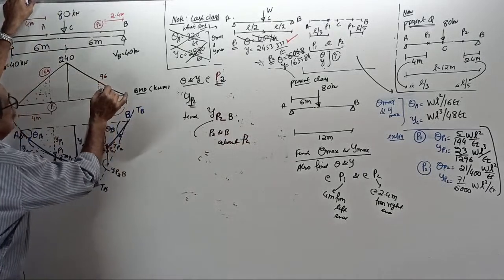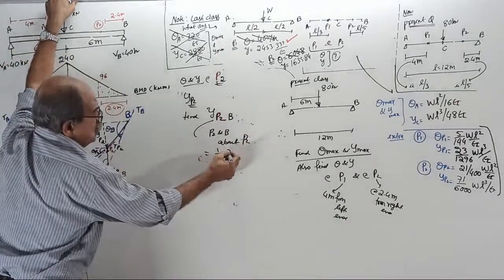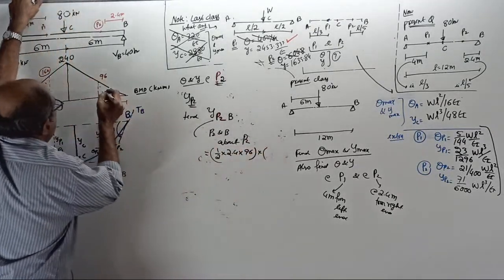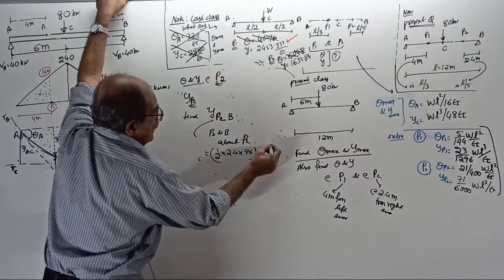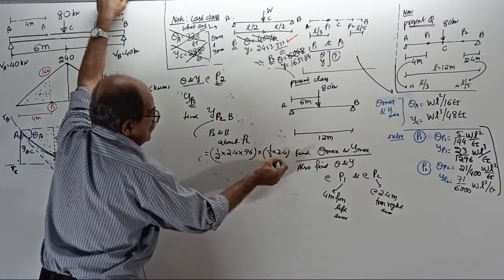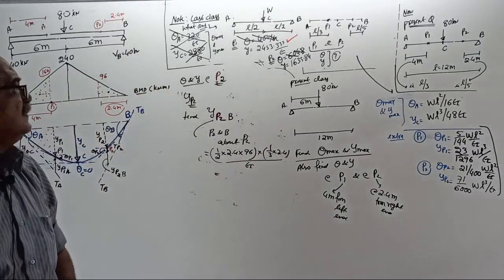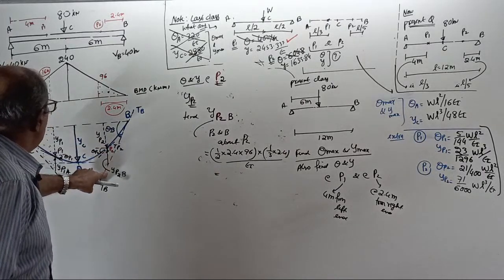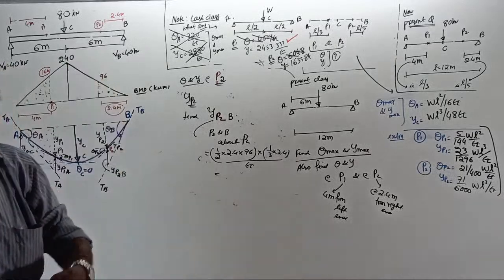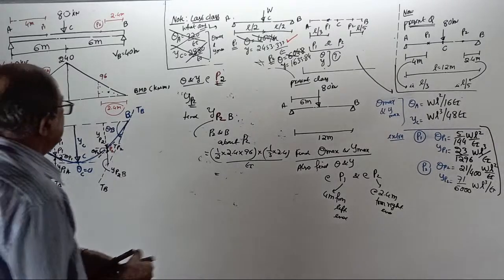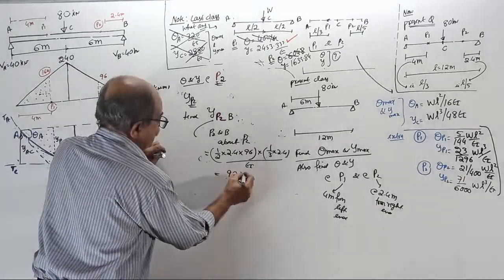Half into 2.4 into 96 is the area, and its center of gravity is 1/3 of 2.4 from here. Tell me this answer in terms of EI; that is the displacement of P2 with respect to tangent at B, the downward portion. It is 92.16 by EI.